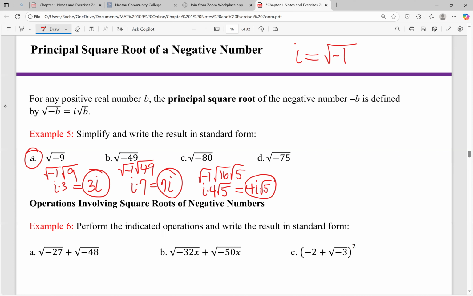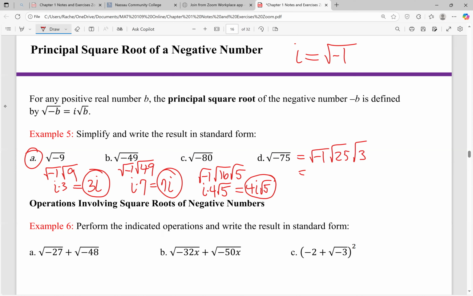And let's look at part D. So for part D, again, square root of negative 75, we're going to factor out a square root of negative 1. And 75 has factors of 25 and 3, and 25 is a perfect square. So we're going to write that as the square root of 25 times the square root of 3.